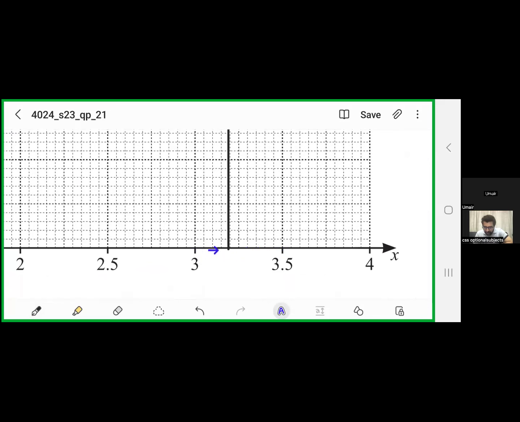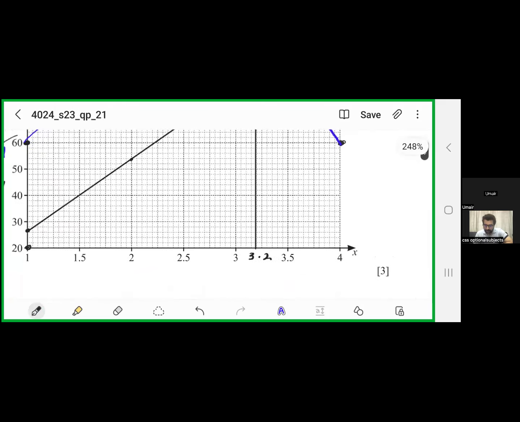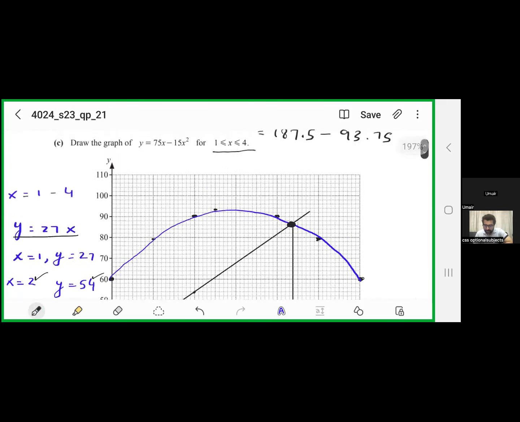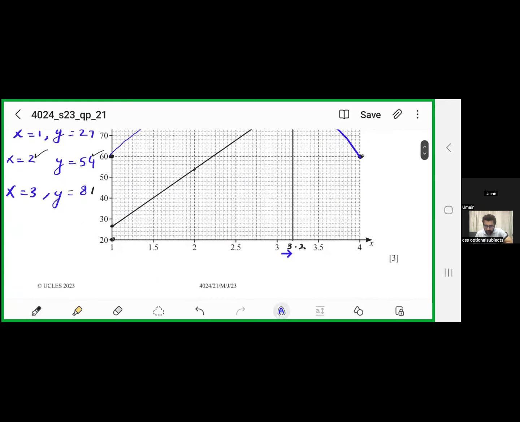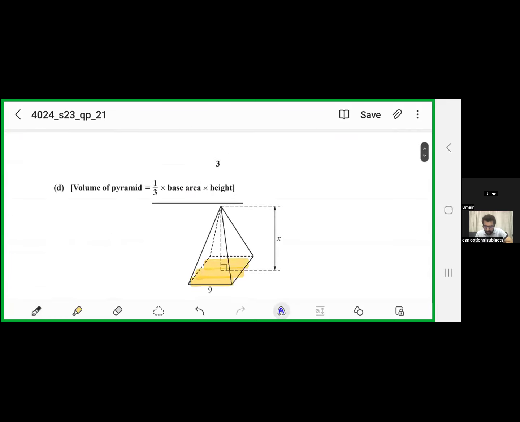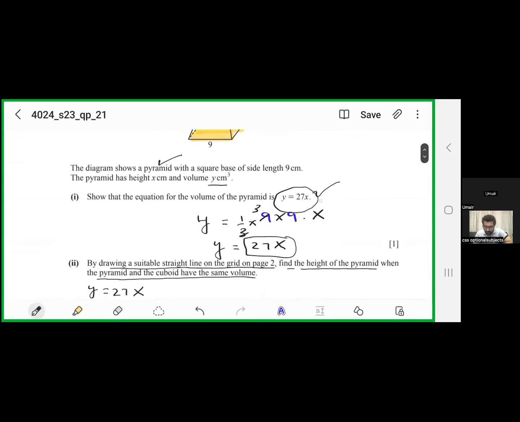Every 2 intervals is equal to 0.1, so 3.2. So using x equal to 3.2, we can find the volume of this pyramid. 27 into 3.2. That is equal to 86.4.